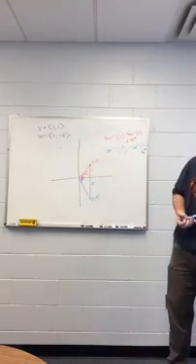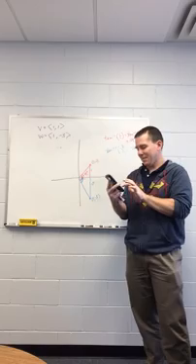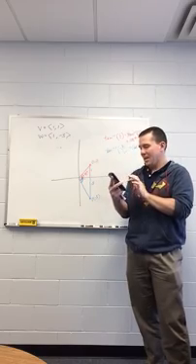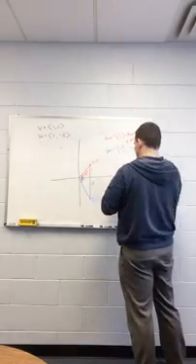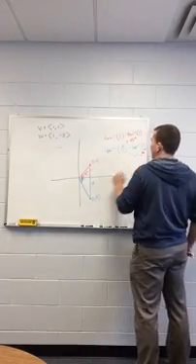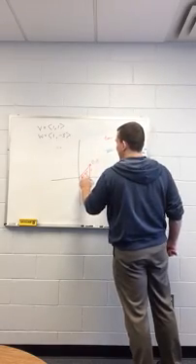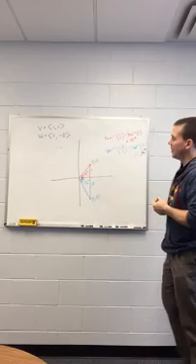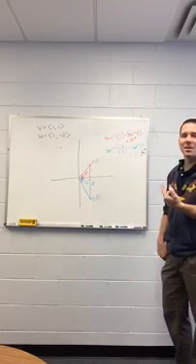Now we pull out the trusty calculator, and we get tan inverse of negative 3 is negative 71.6, which means this angle is negative 71.6 degrees, which just means, since I just care about the angle itself, that's a 71.6 degree angle.